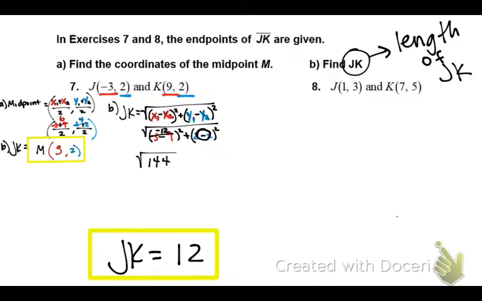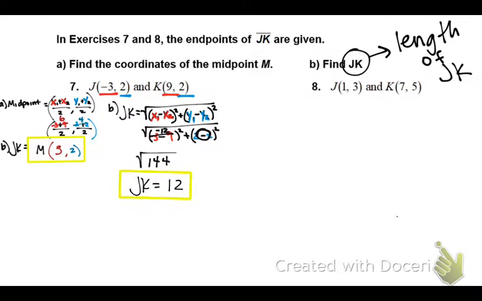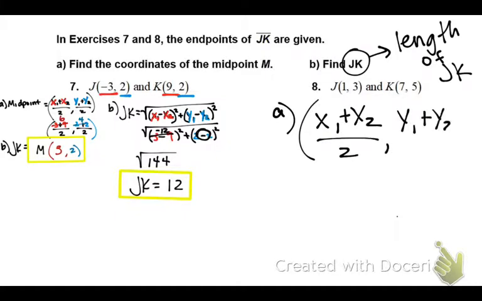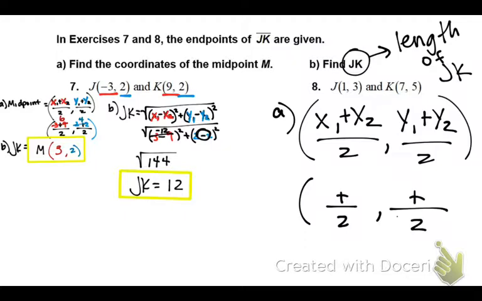And that is what we'll do on the second question. So again, part A, we're going to find the midpoint where we add the x's, divide by 2, add the y's, divide by 2. So what are my two x's? 1 and 7.